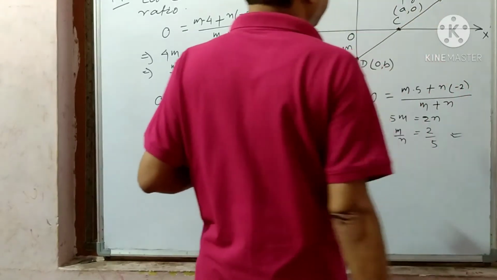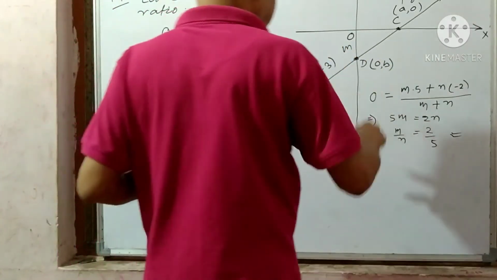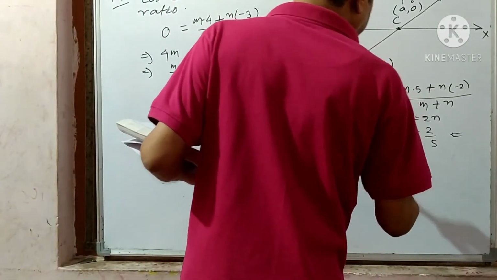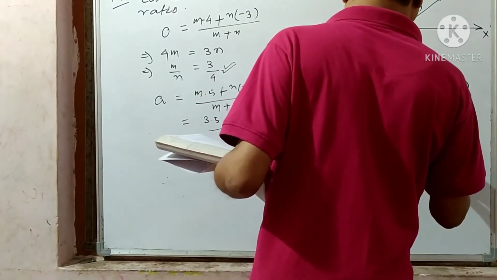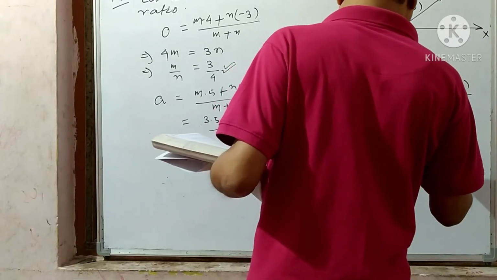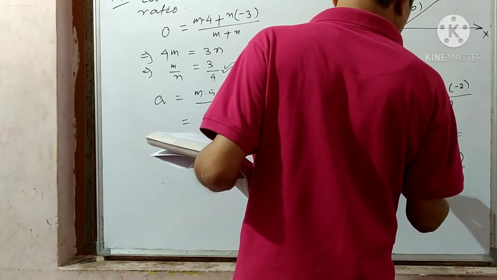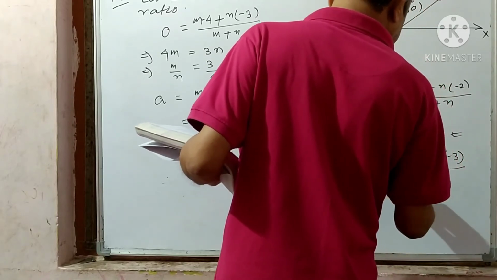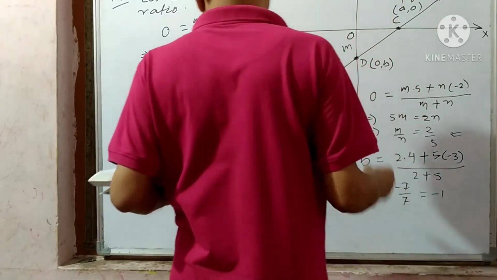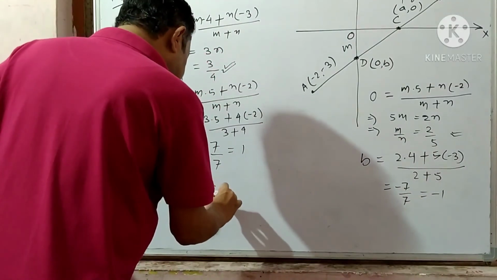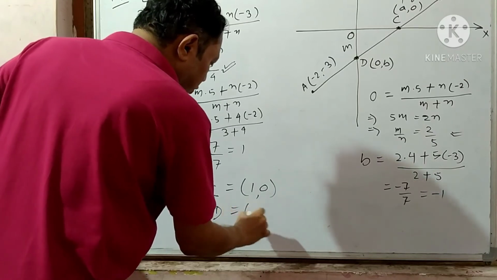So the ratio in which D divides AB is 2:5. So the y coordinate is (2 into 4 plus 5 into -3) divided by (2 plus 5), or it is -7 by 7, that is -1.